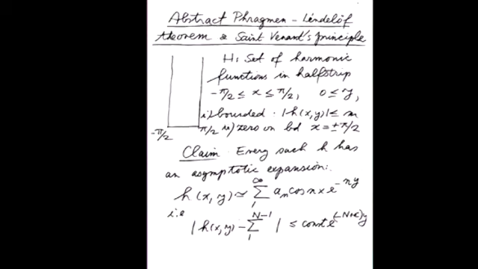So in the concrete setting, we have a half strip. X goes between minus pi half and plus pi half, and y goes from 0 to infinity. We have harmonic functions h of x,y, which are, number one, bounded in this strip, and number two, vanish on the vertical boundaries.